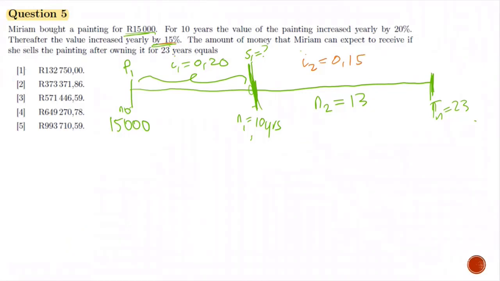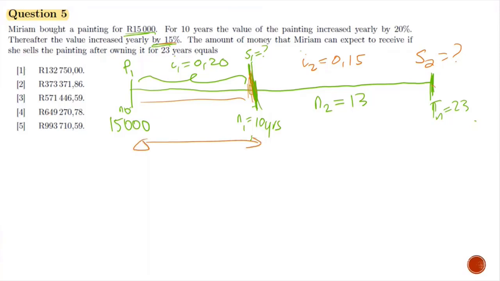You don't know the accumulated amount in this period. So you've got two periods here. What you need to do is first calculate for this part. After you've got the accumulated amount, you've got a present value which you are going to move for 13 years to the end of your investment period. So first you need to calculate for this period.